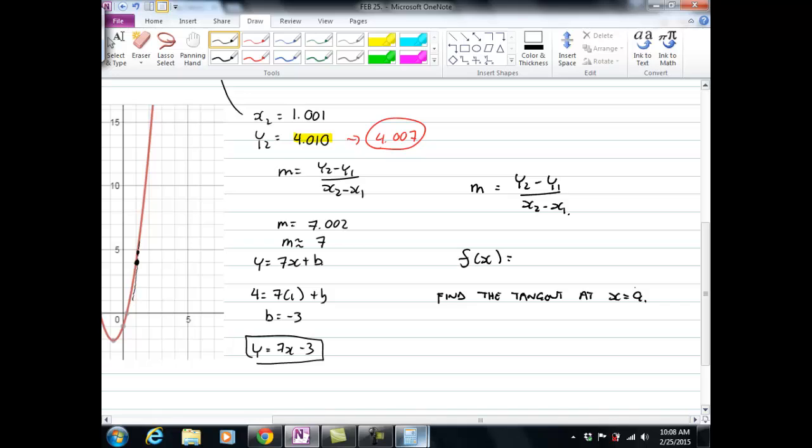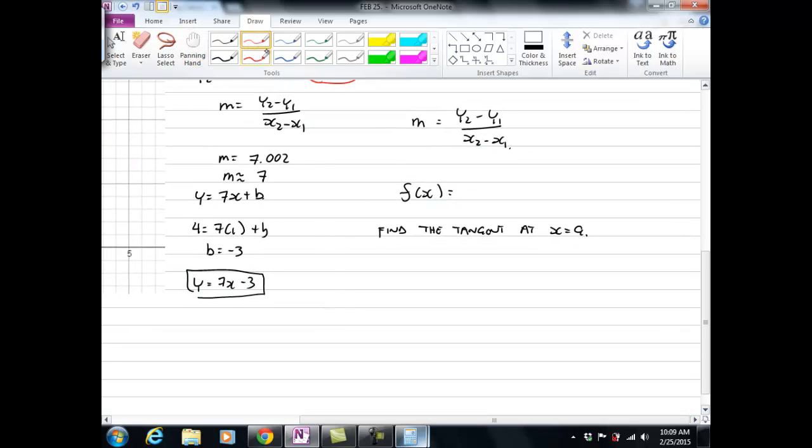Because I give you, say, find the tangent at x equals a number. We'll let this number be a. I can rewrite this. So therefore, would you agree that I chose that my first point is f of a? This is the same thing as saying y1. Because I sub in f of a and I get y1.